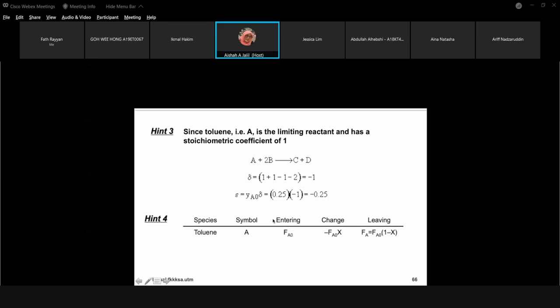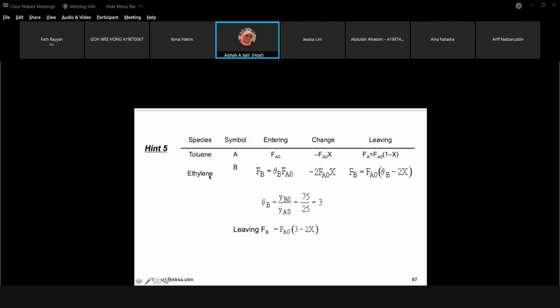Okay, you can get like this. So this is the first for your stoichiometric table. Okay, species, symbol, entering, change, leaving. So this is the second one. Okay, you have to put like this.